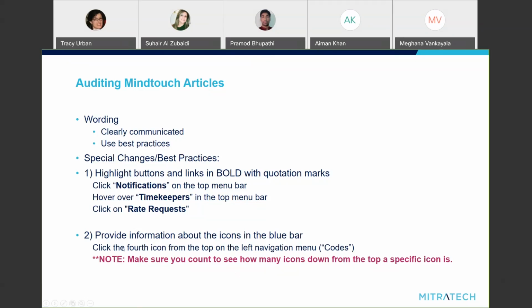So yeah, it's really a good idea to make sure you count how many icons there are, like from the top, or like if they wanted to click the rates, I would probably just say the last icon instead, because that would be a way to distinguish, if it's got 4 or 5 icons, because I think on some of the firms, if vendors are part of the firm structure, then they'll see 5 icons to get to the icon after the code.